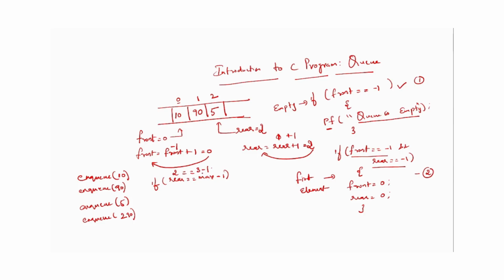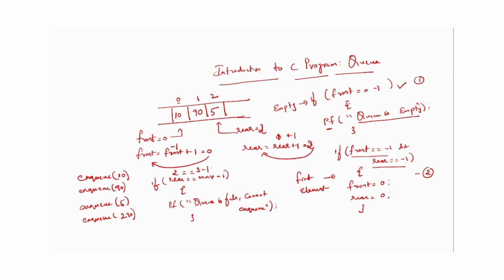Then you just tell the user with printf, queue is full, cannot enqueue. Reject his demand of entering or enqueuing any more element into the queue, correct?